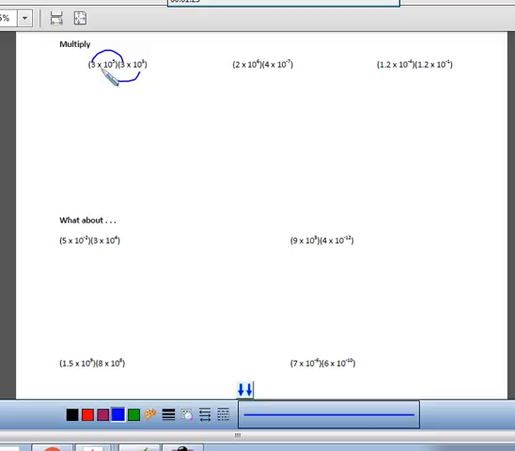So instead of doing the scientific notation and expanding it and then coming up with the answer, I am going to take the first part, the 3 and the 3, and I'm going to multiply those. And I'm going to take the second part, the 10 to the 5th and the 10 to the 3rd, and I'm going to multiply those.